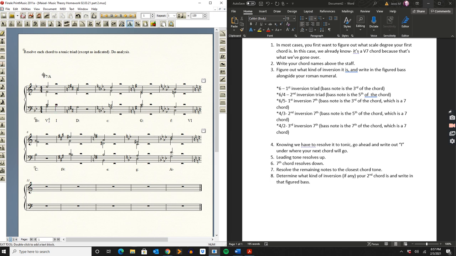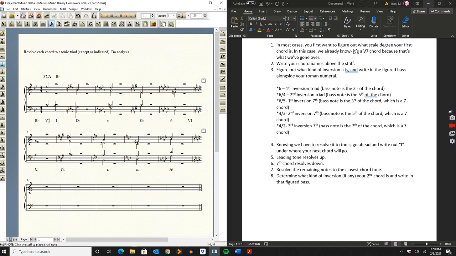We already know this second chord is going to be a B flat of some sort; we just don't know what type of inversion, so we'll figure that out as we go. Now we've got our B flat, and incidentally the bass note happened to be our leading tone, but it's not always going to work out that way. If you don't automatically get your bass note, don't panic, you will get it.